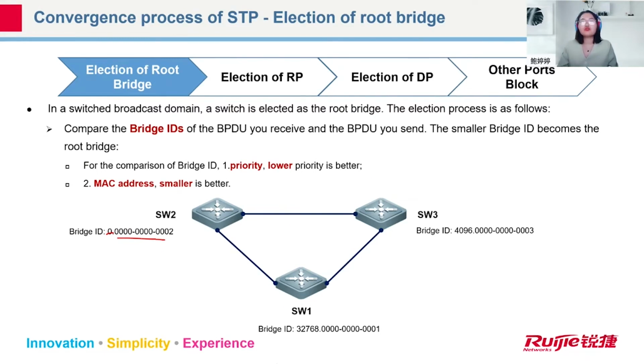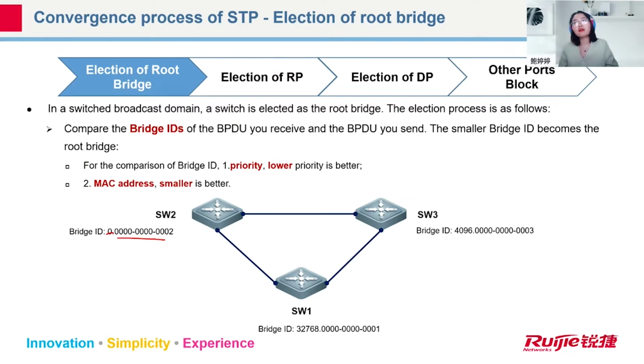According to these 3 bridges, who will be the root bridge? Can you give me some answer? Switch 2. Yes, it's correct. We compare the priority first. The smaller one is better. Switch 2's priority is 0, but switch 1 is 32768.